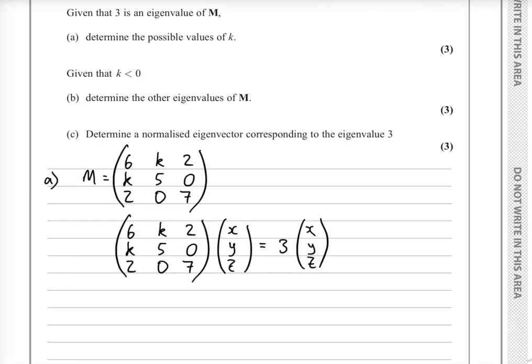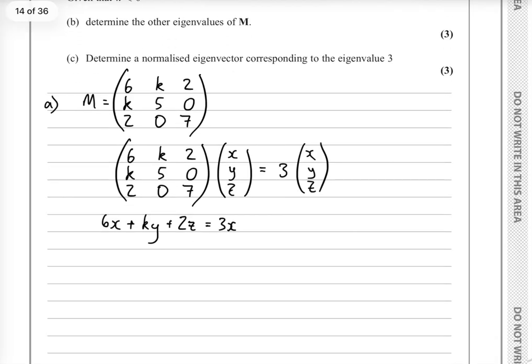That gives us the equation 6x plus ky plus 2z must equal 3x. That doesn't look too friendly, but it also gives us kx plus 5y plus 0z must equal 3y. That's looking better. And 2x plus 0y plus 7z is equal to 3z.